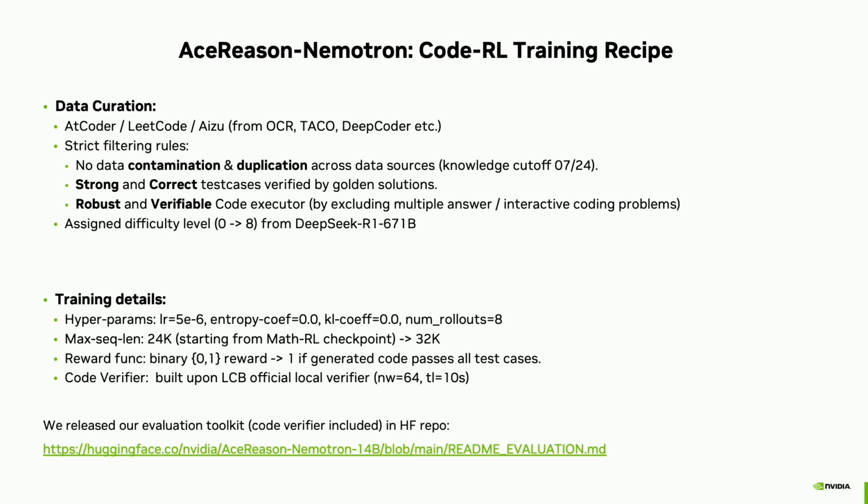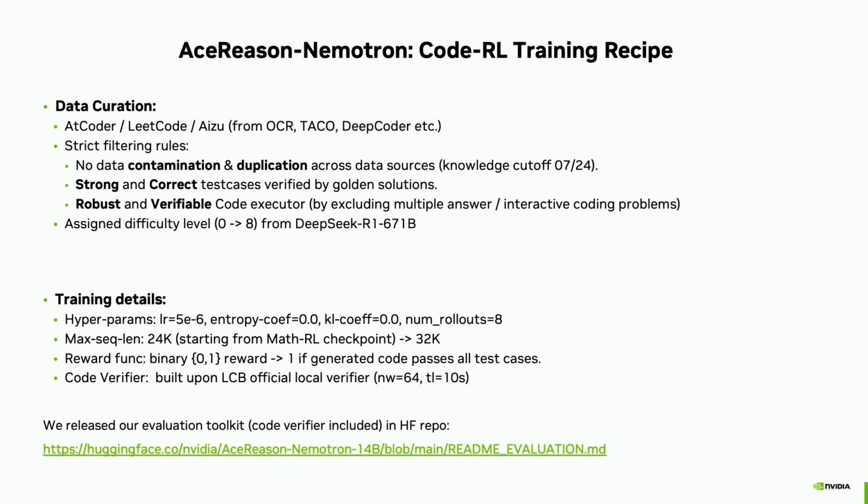This is very important because in the current open-source datasets, there are a lot of overlaps. For example, there are a lot of overlaps between TACO and APPS. Also, the DeepCoder dataset contains a lot of duplications. We need to be careful about data contamination and possible data leakage.